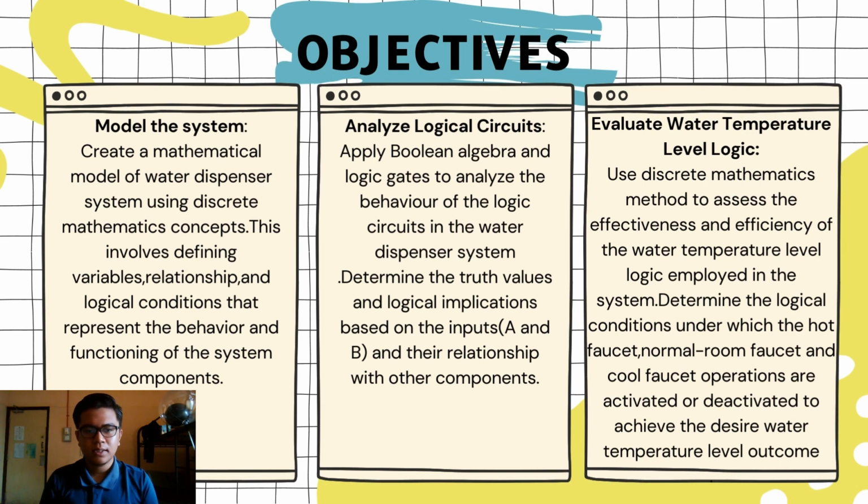Model the system: create a mathematical model of the water dispensing system using discrete mathematical concepts. This involves defining variables, relationships, and logical conditions that represent the behavior and functioning of the system components.